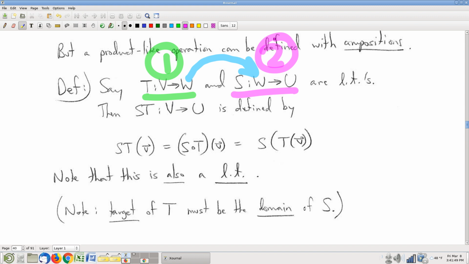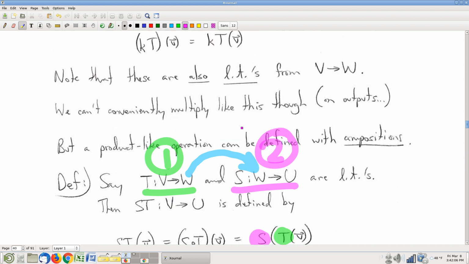The left to right. And yet, unfortunately, when you compose functions, the one that acts first is on the right, and the one that acts second is on the left. As it kind of has to be, because look, the one that's sitting next to the V has got to be the one that acts first.